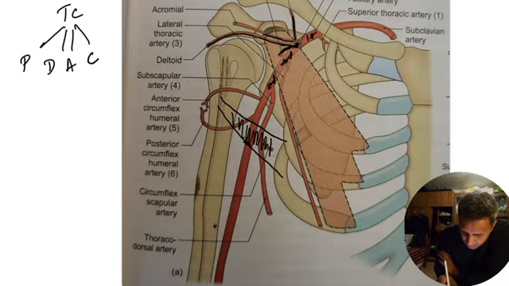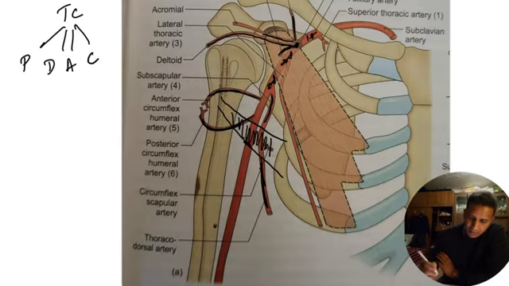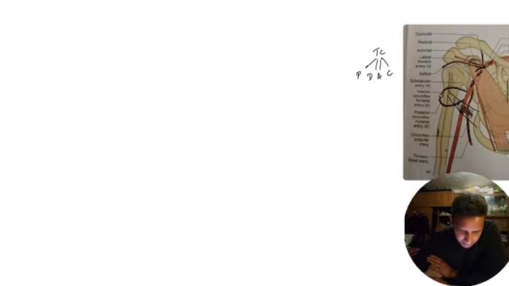So this is your anterior and posterior circumflex, which supplies the surgical neck of your humerus. And the last branch is your subscapular artery, which runs along the lateral border of your scapula, supplying your subscapularis muscle.